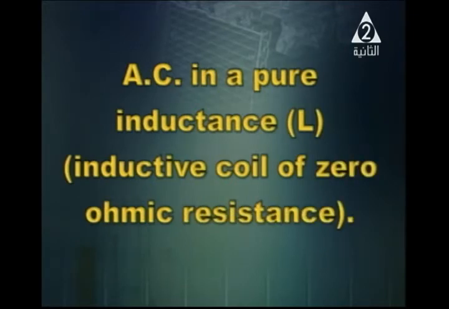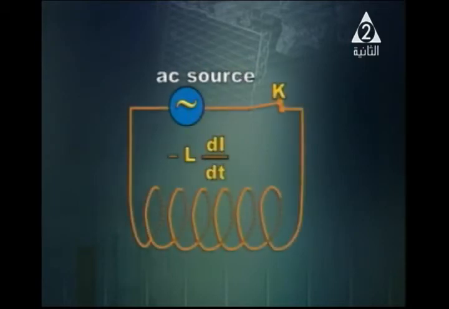And now talking about the second circuit, AC in a pure inductance. Pure inductance is denoted by L. It is an inductive coil of 0 ohmic resistance. It is shown in front of you. We'll apply Ohm's law of a closed circuit here.